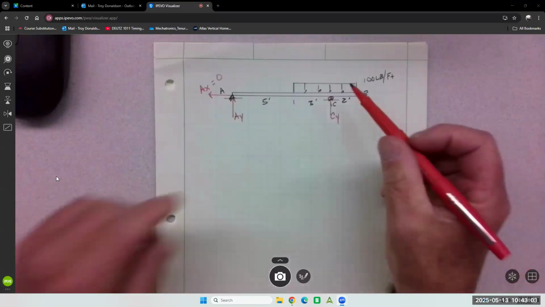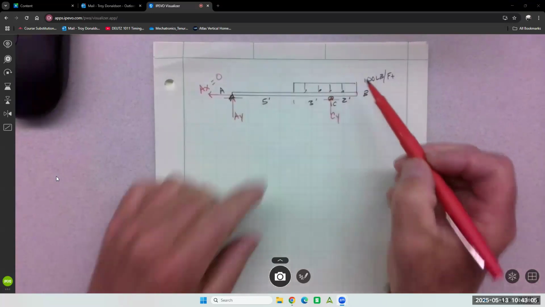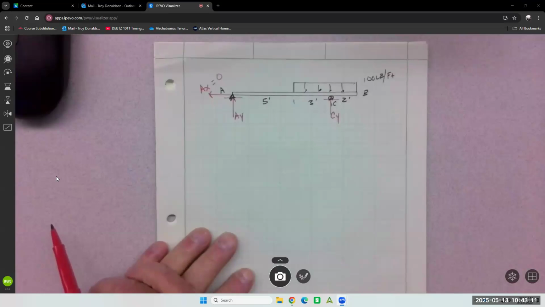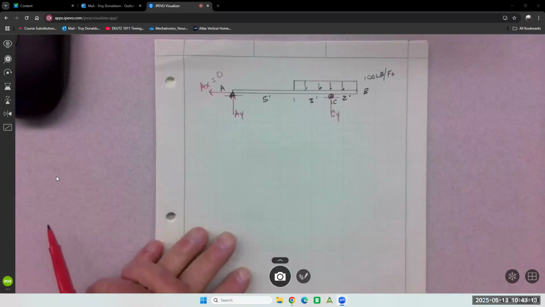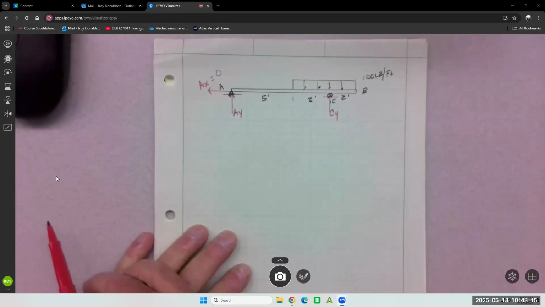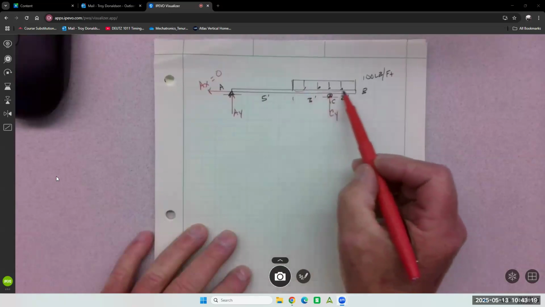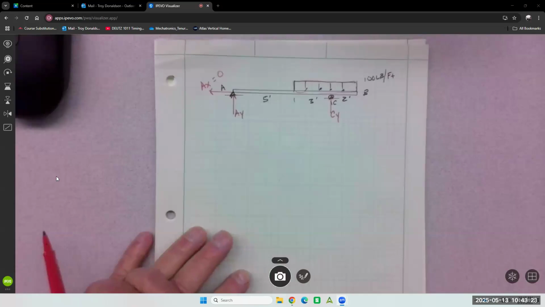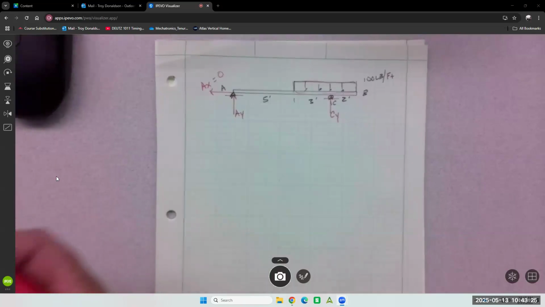All right, concentrating the distribution. How do I do that? The distributed weight times the area of the load curve. So this load curve is a rectangle, so it's the area of the rectangle. If it was a triangle, it's the area of the triangle.